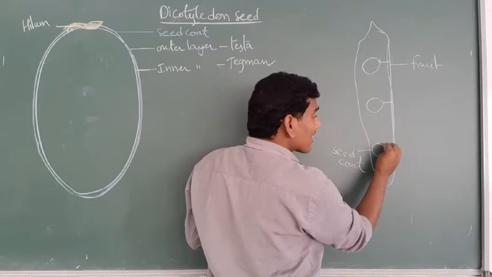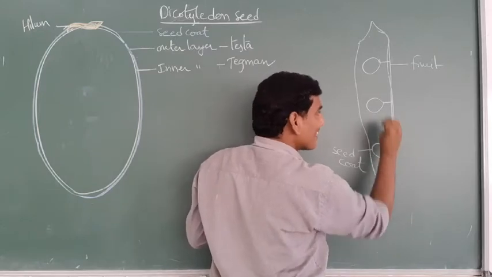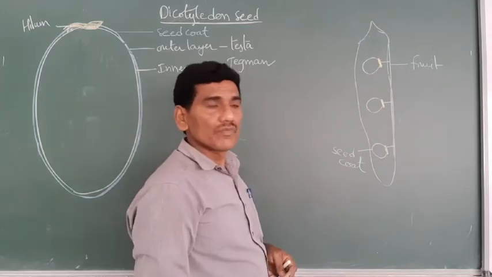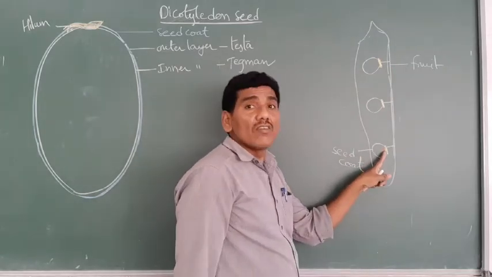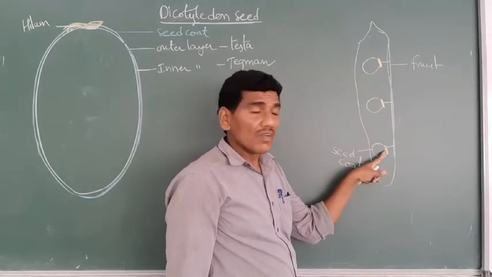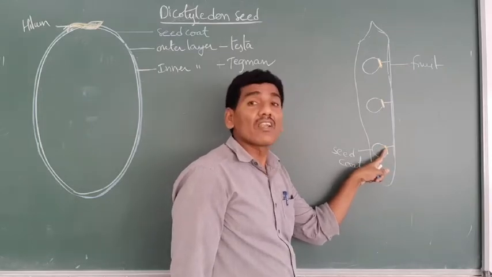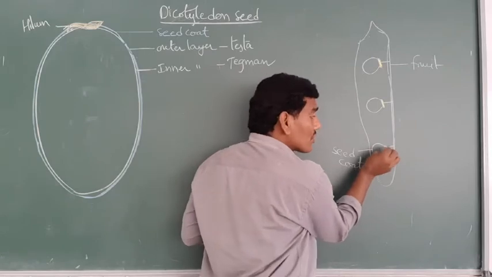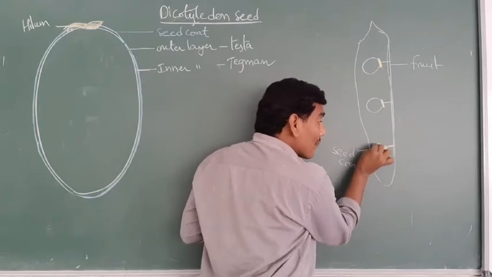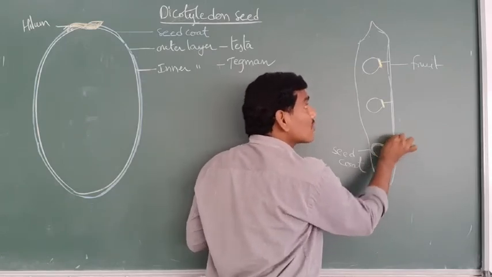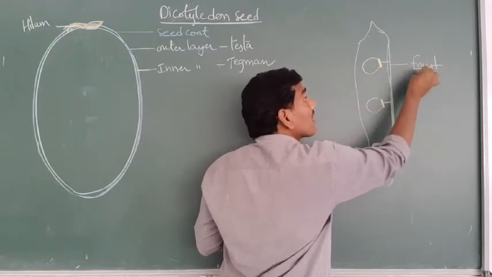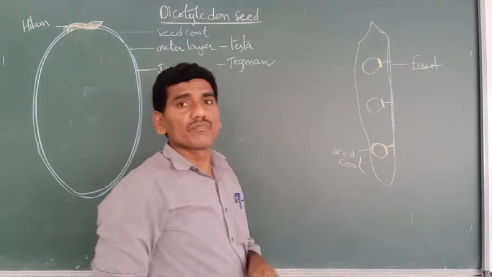Here this is a scar, called hilum, in the seed coat, through which the developing seed was attached to the fruit.